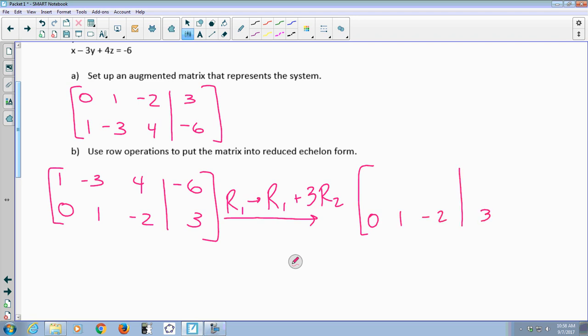Row 1 is row 1 plus 3 row 2. Okay, so 3 times 0 plus 1 is still 1. 3 times 1 plus -3 is 0. 3 times -2 is -6, plus 4 is -2. And 3 times 3 is 9, plus -6 is 3.